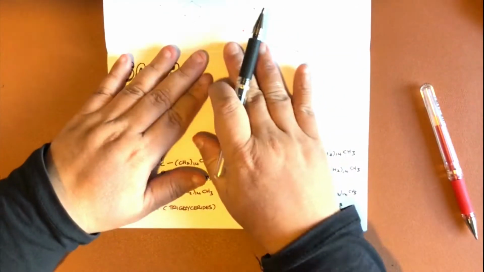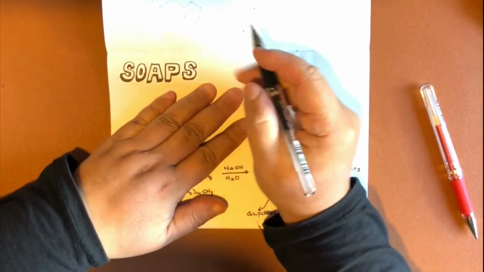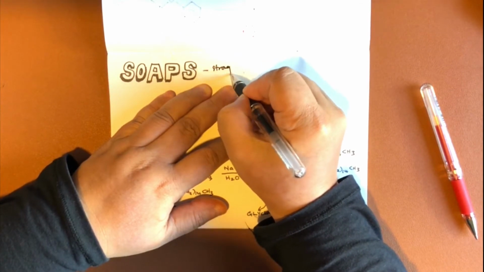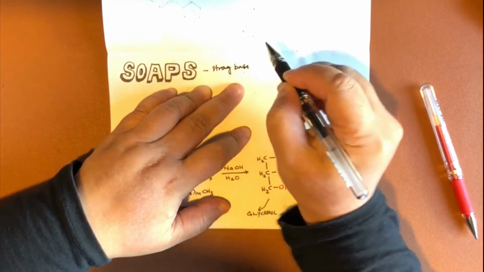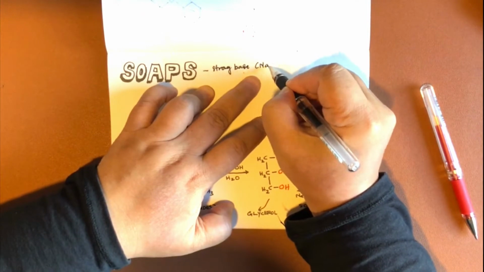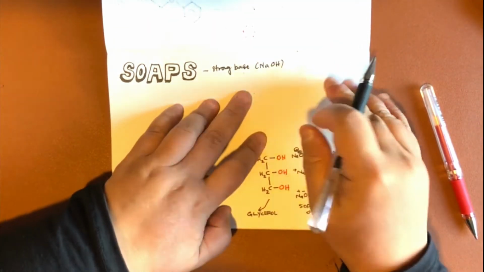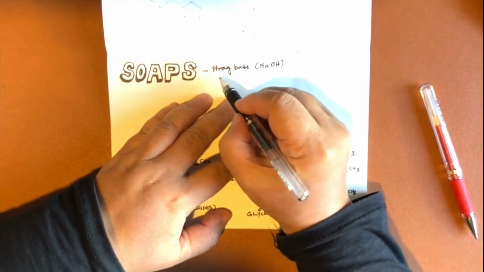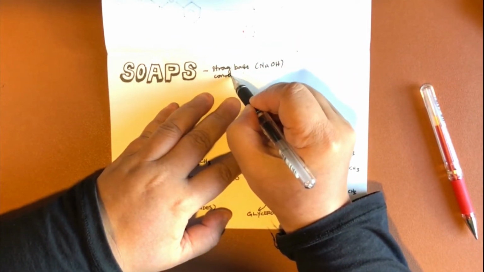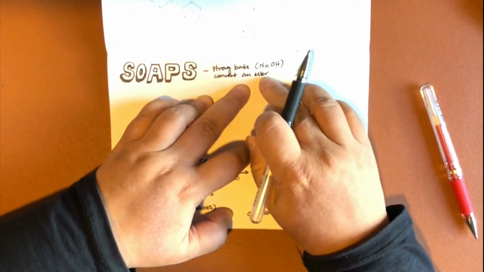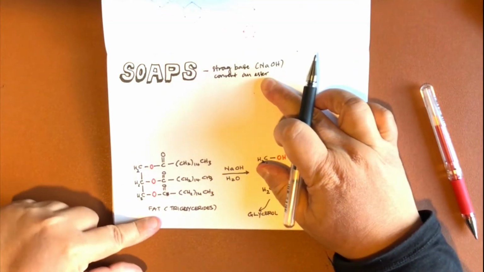So making soap uses a strong base, and most of the time they would actually use sodium hydroxide, which will convert an ester, in this case the ester is this fat.